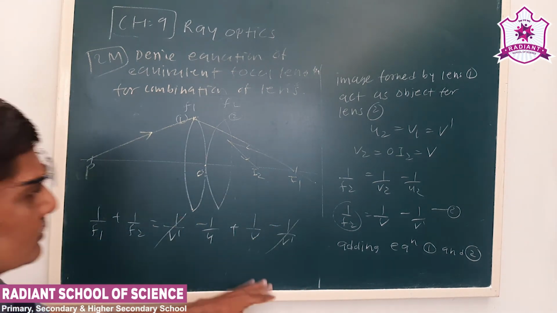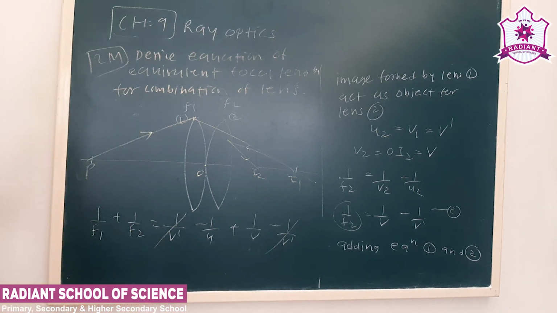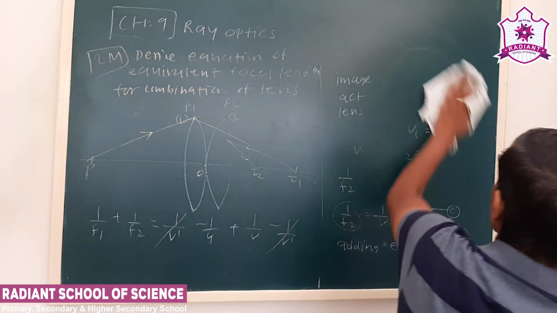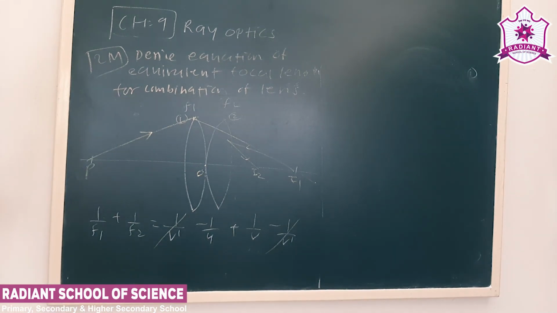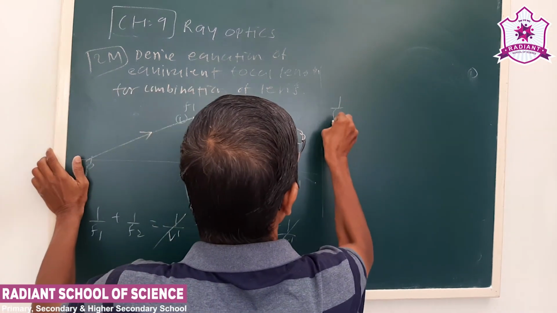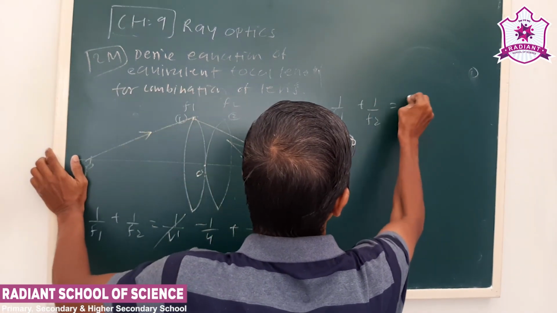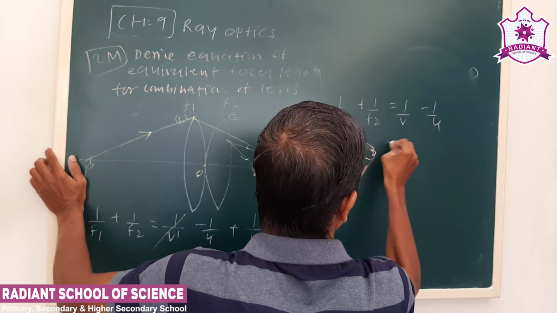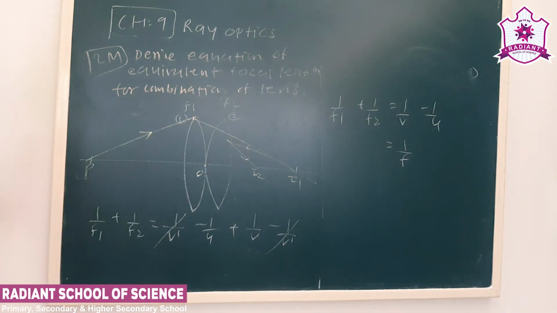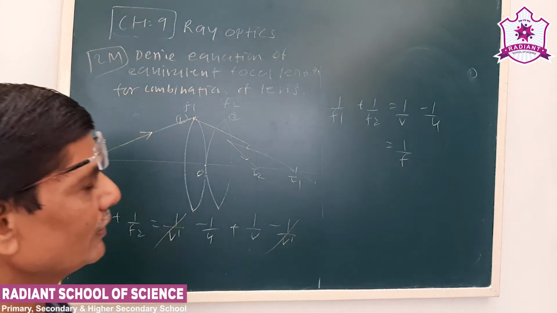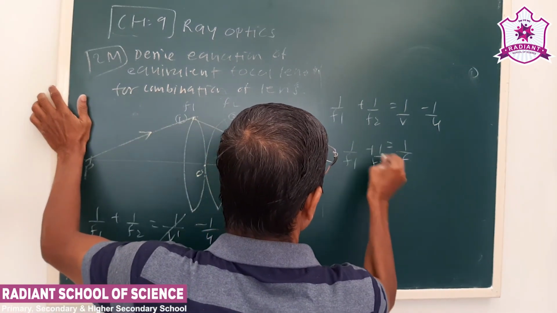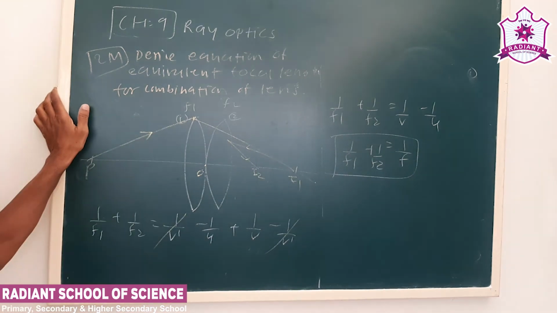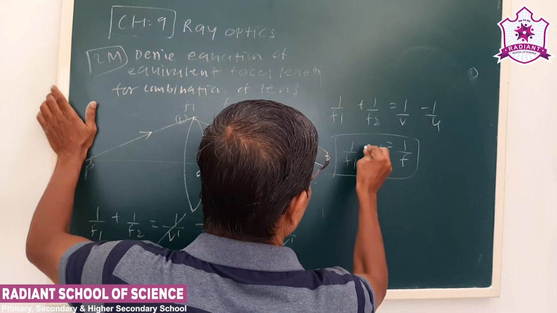So what is left now? 1 upon f1 plus 1 upon f2 equals 1 upon v minus 1 upon u. This is 1 upon f. So the equivalent focal length is given by 1 upon f equals 1 upon f1 plus 1 upon f2. This is the formula for the equivalent focal length for a combination of lenses.